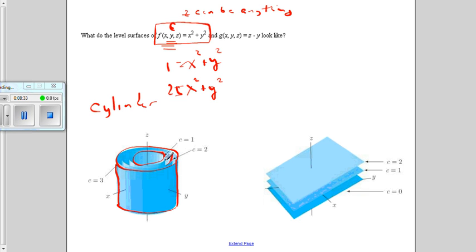And so everything on these cylinders, for example on this outer cylinder where c equals 3, everything on this cylinder has a value of f of x, y, z equaling 3. So my dependent variable, which is a function of x, y, and z, everywhere on that three-dimensional surface, which is a cylinder, has a value of 3.